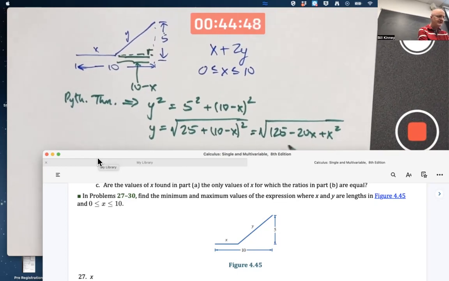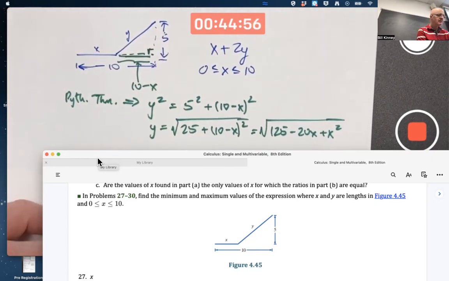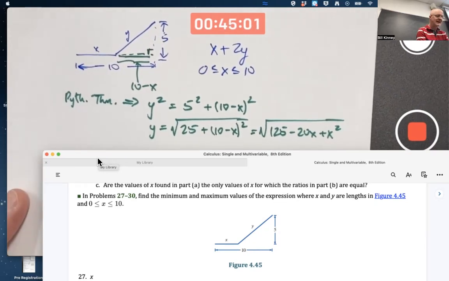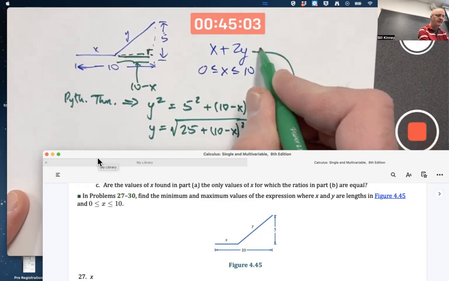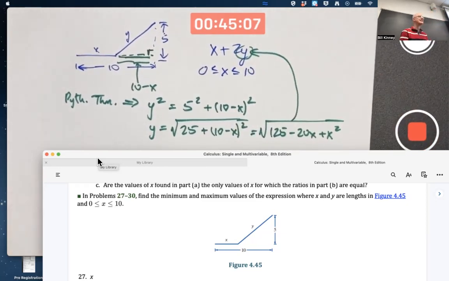This effectively is your constraint. The Pythagorean theorem and the fact that this side has a fixed length of 5 means that y cannot vary independently of x. Y does depend on x, and therefore you can go back up here and replace this y with its dependence on x for the purposes of minimization and maximization.